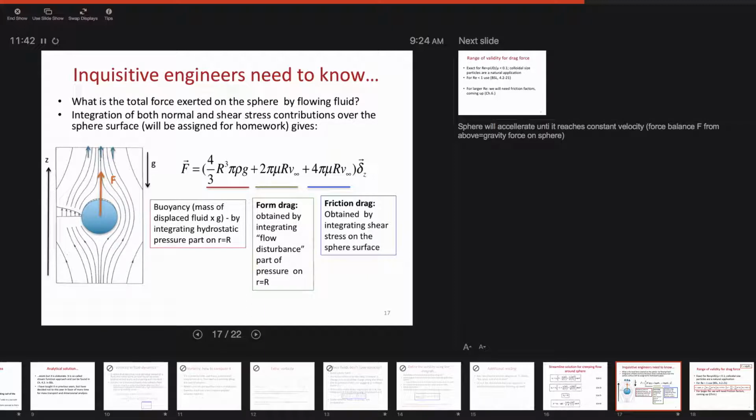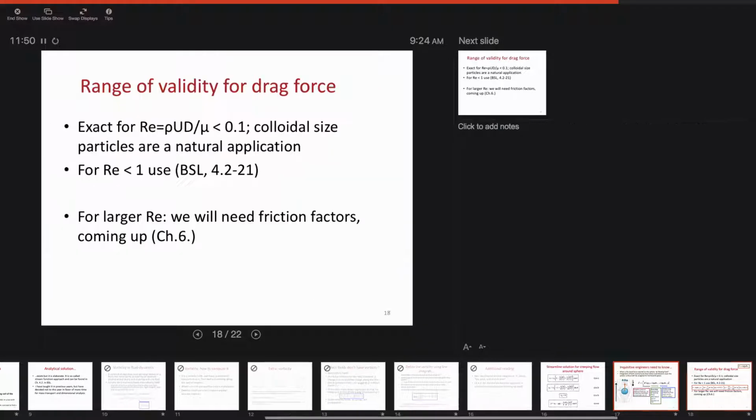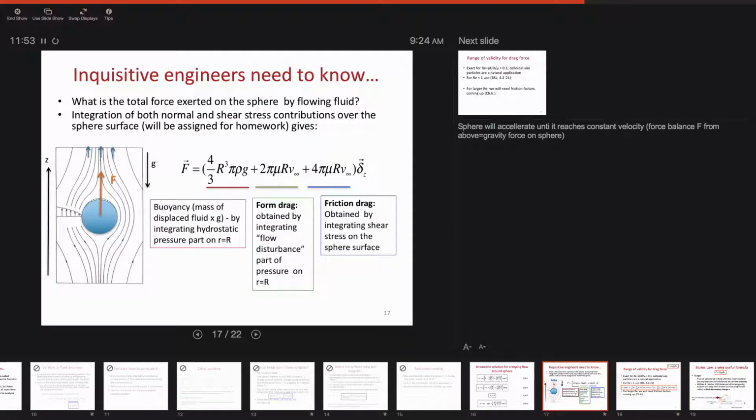The famous Stokes formula puts both drags together into 6 pi mu R v theta. Okay? And that is the famous Stokes formula for viscous forces exerted on the sphere. Even this is the flow disturbance, so it's taken as viscous flow disturbance because I actually have flow around an object, and I have changes in the velocity field because of that.